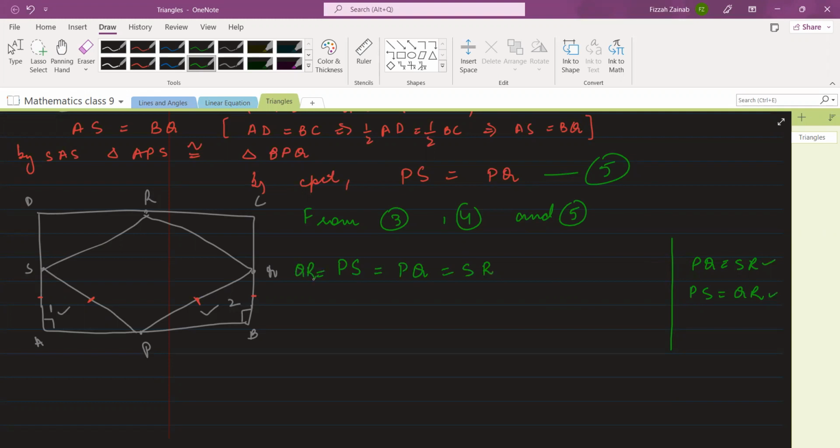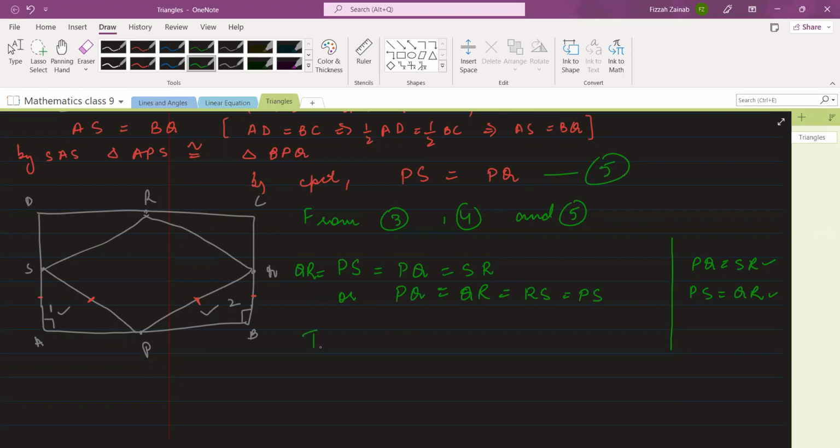This way you can combine 3, 4, and 5. In a sequence, you can write that PQ is equal to QR is equal to RS is equal to PS. That's it.